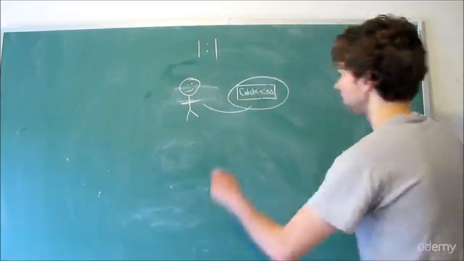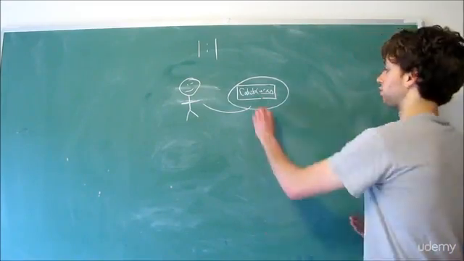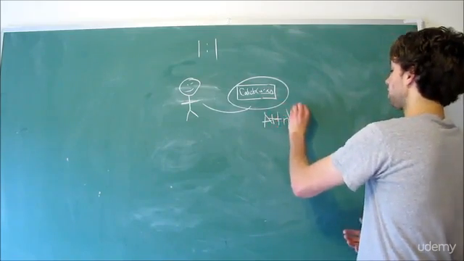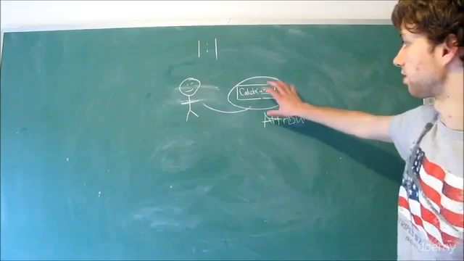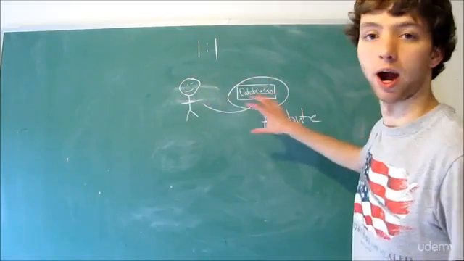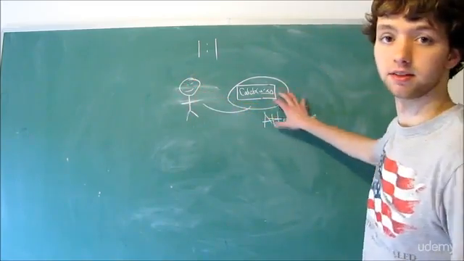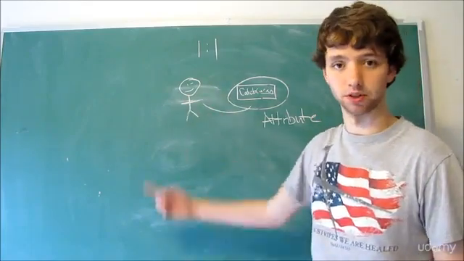So rather than his username being an entity, it's an attribute. If you don't really know what that means, don't worry, I'll be explaining in just a second. But just think of it as it's exclusively his, so it describes him. What is this guy's username? It's Caleb Curry. It's an attribute of that person.